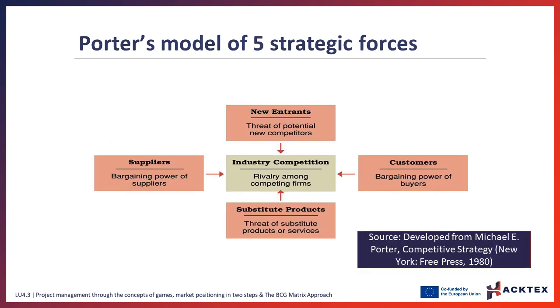Porter's 5 forces are: threat of new entrants, bargaining power of buyers, bargaining power of suppliers, threat of new substitutes, and competitive rivalry. This framework helps strategists understand what makes an industry profitable and provides insights needed to make strategic choices.